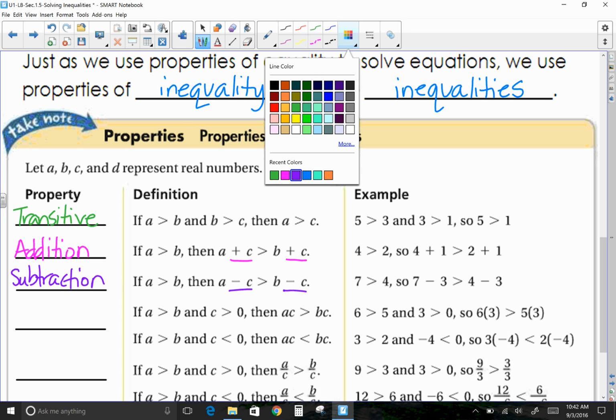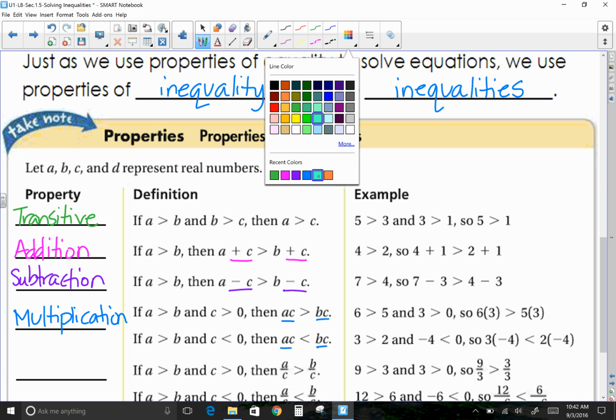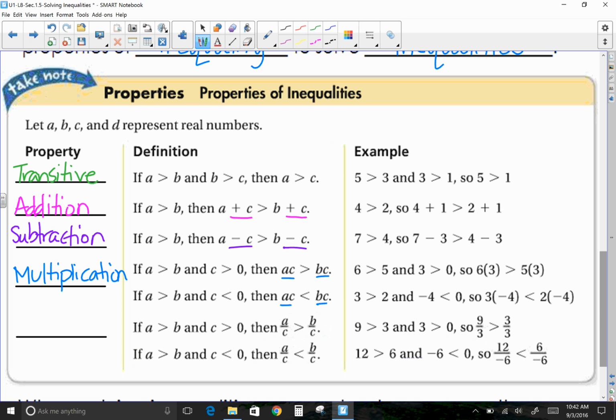And then we have, we'll just go with this. If A is greater than B and C is greater than 0, then A times C is greater than B times C. So this is multiplication. And I'm going to come back and talk about what else you see there. And then the last one, of course, is division.